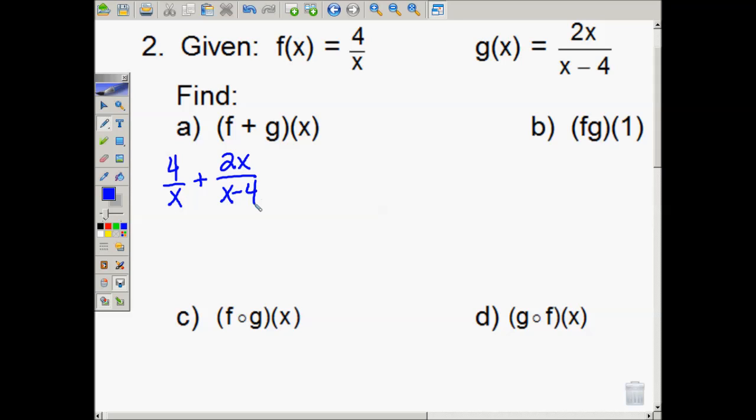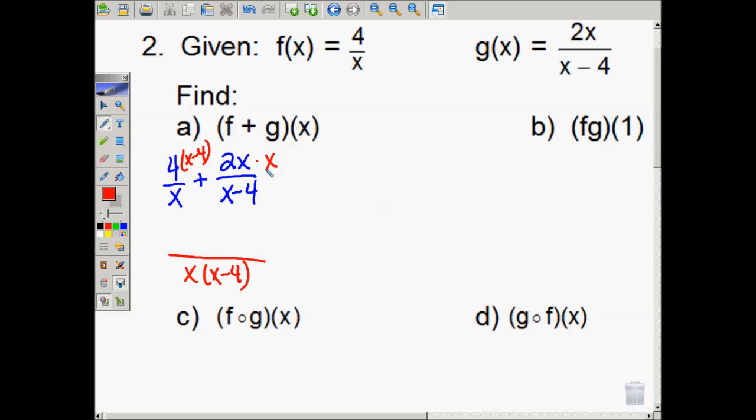I have 2 options. I can do the chopsticks in a bowl, correct? Or just find common denominators. And what's the common denominator? x minus 4. That's my common denominator, right? So what is this one missing? x minus 4. And what is this one missing? Nothing. x.